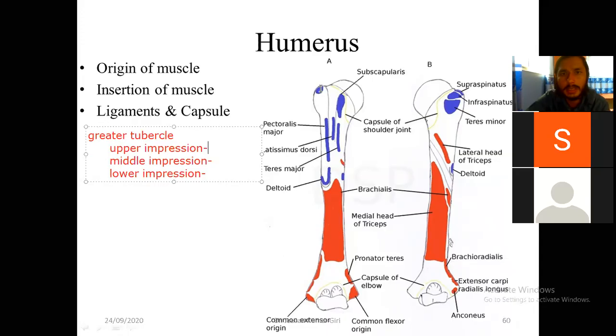Here you can see one impression, the next impression just behind, the next impression below. So these are three muscles: upper impression one, middle impression one, and lower impression one more. See, supraspinatus in the upper impression, infraspinatus in the middle impression, and in the lower impression you will find the teres minor muscle.